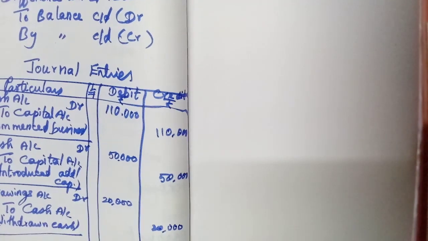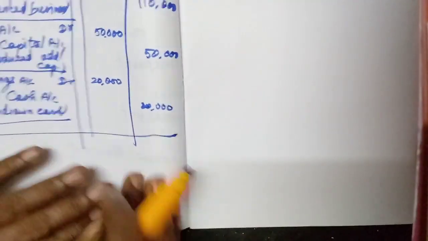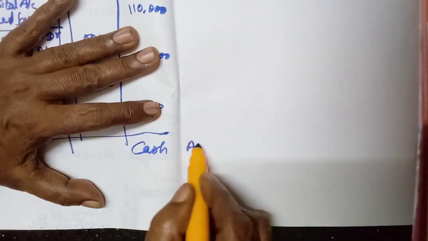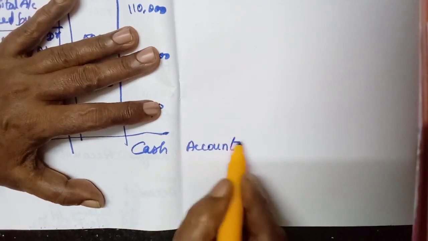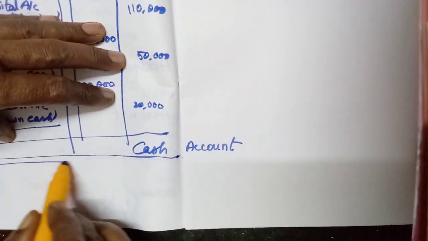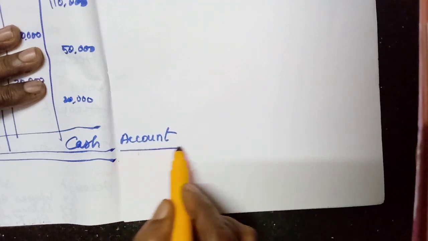Now we have prepared the journal entry. Now we have to post them to cash account. They have asked clearly, post them to cash account. So only one account we have to prepare, cash account. Draw line, both the side.